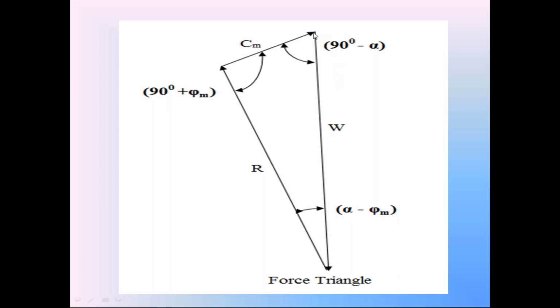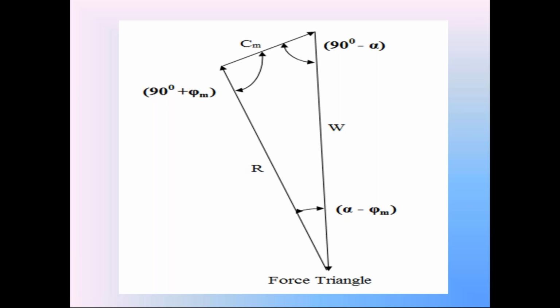At the starting point, draw a long straight line on the paper parallel to the direction of Cm. Then at the ending point, draw another straight line in the direction of reaction R, because I know that R makes the angle phi m with the perpendicular.